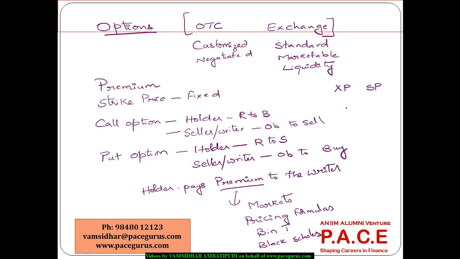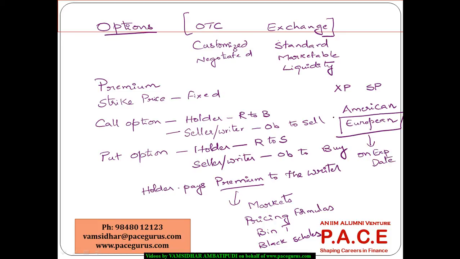And there is one more differentiation with respect to options, depending on when an option can be exercised. A broad classification is American option versus European option. In the case of a European option, the exercise happens only on the expiry date.